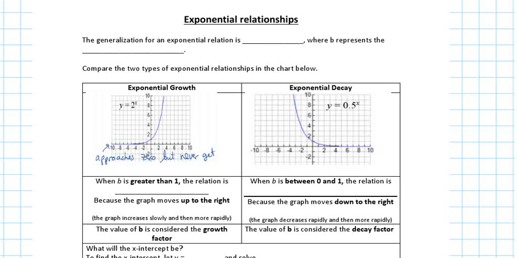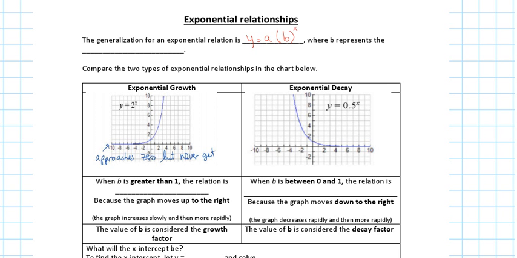The general form of an exponential relation is y equals a b to the power of x. Remember that sometimes you just see y equals b to the power of x, because your a is 1.